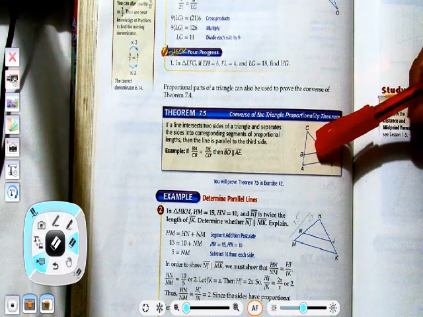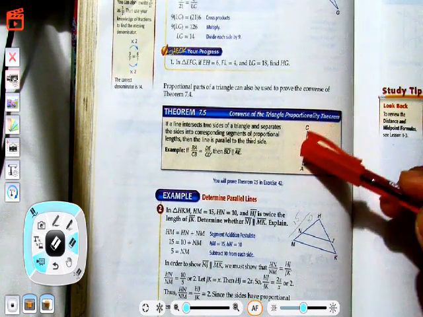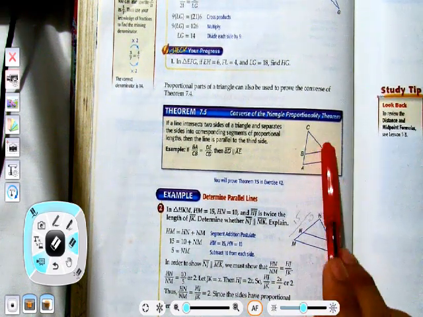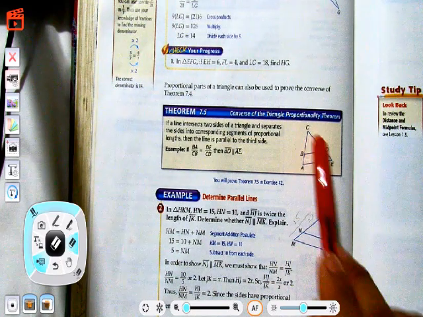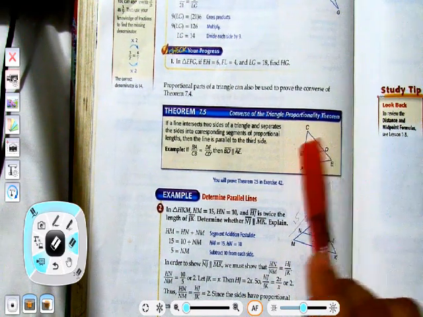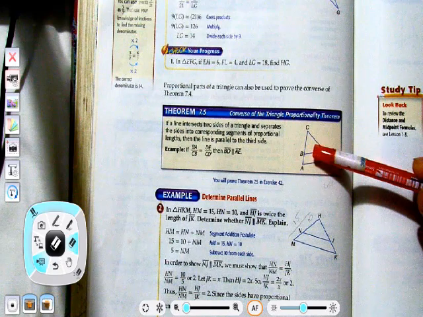That means these two sides, having this end of the line, because of this B and D that makes two different segments on both sides, the segments on the two sides are proportional. They can only be proportional if these two are parallel.